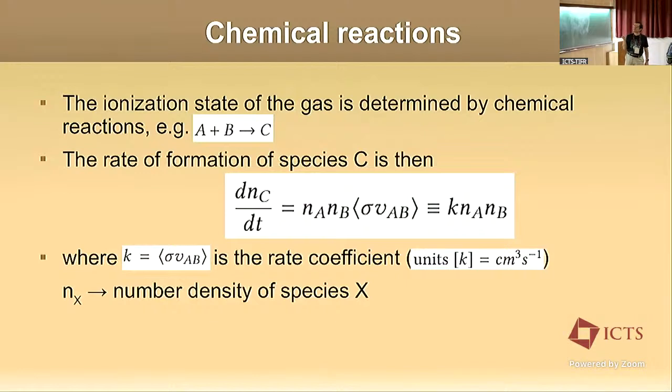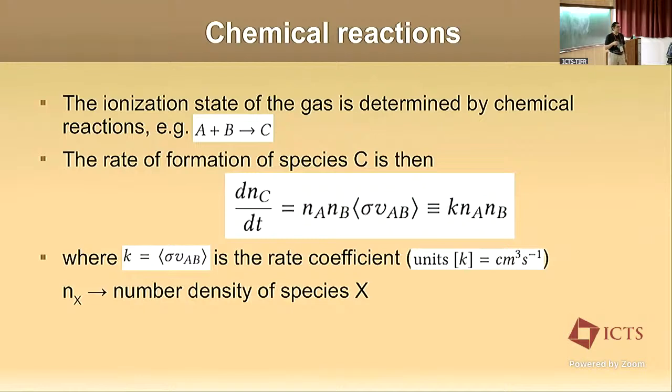So the first thing that you need is some kind of description of what happens with the atoms when they get ionized or when they recombine. This is something we refer to as chemical reactions. I don't know if chemists might disagree.